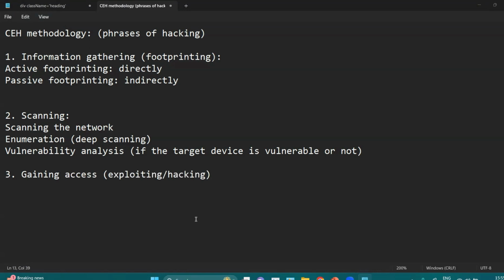Like we can bypass something, or we can apply some attack, etc. So it depends on the mechanism we are using or the particular device we are hacking. It also depends on the purpose of hacking, like the motive behind hacking. So that is gaining access. Gaining access is something which is actually gaining access to, or hacking, the device.